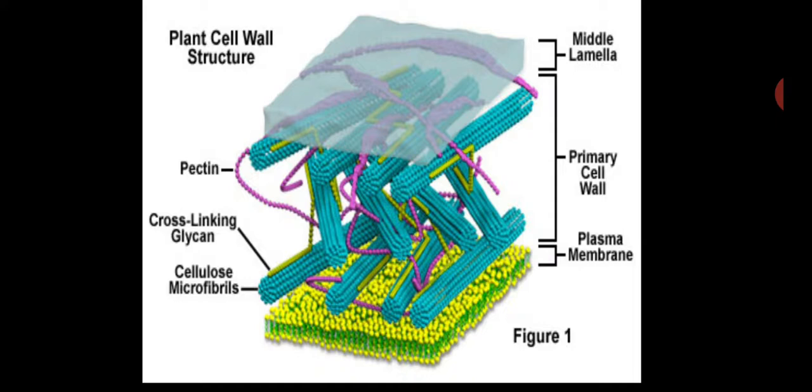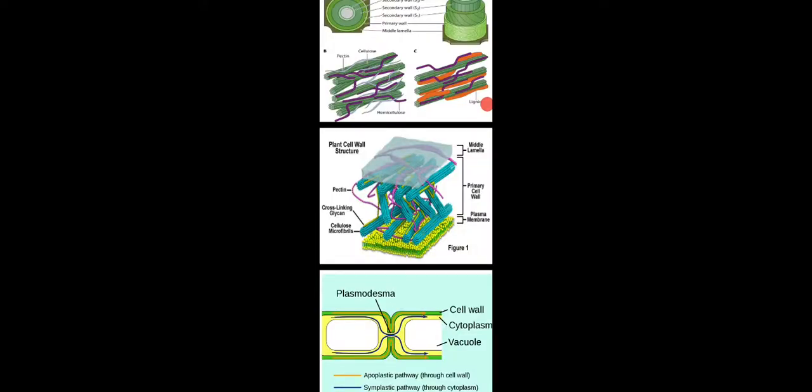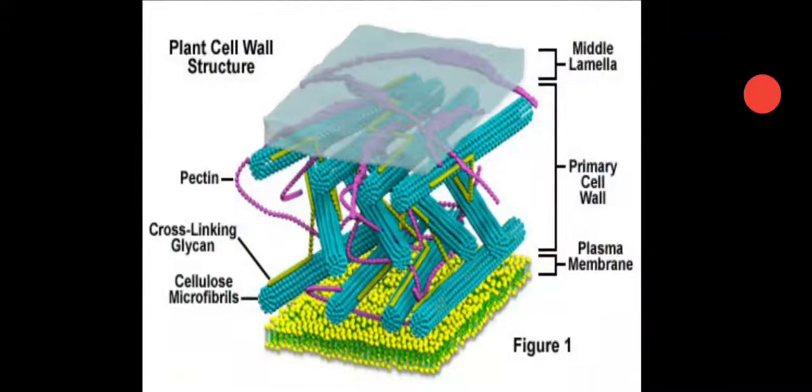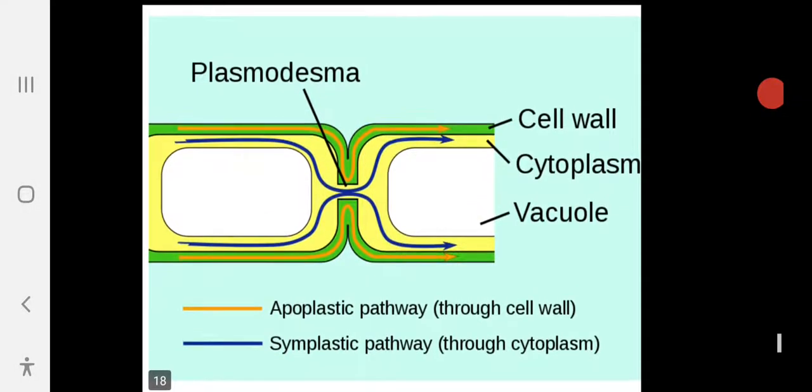Okay, holes in the cell wall. So they are simple pits or bordered pits. So these pits, I will show you. So these pits, yeah, this is plasmodesmata.